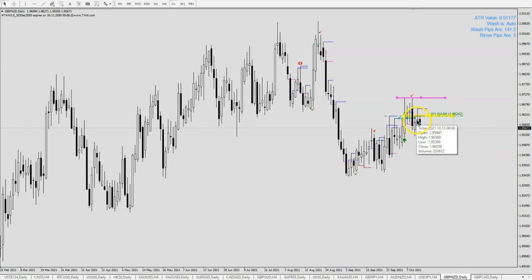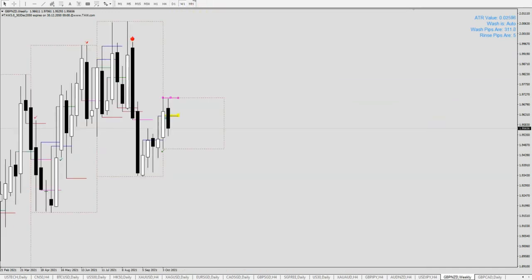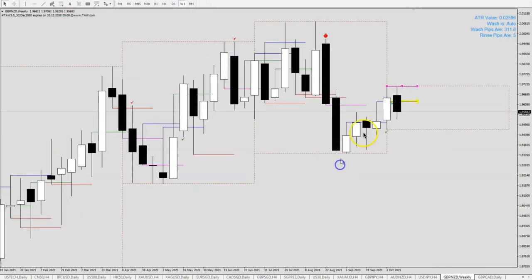But if we analyze from the bigger picture, it's quite obvious that it is being resisted here, but pound kiwi probably isn't nice to trade because of the very long tail. But with these two examples, I want to bring out the importance of the first bar of the quarter.